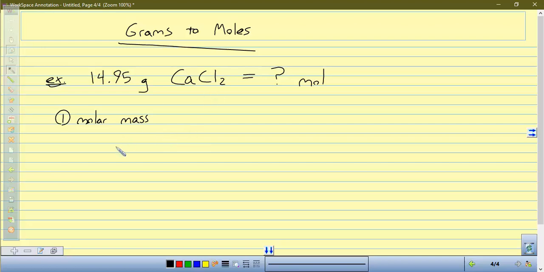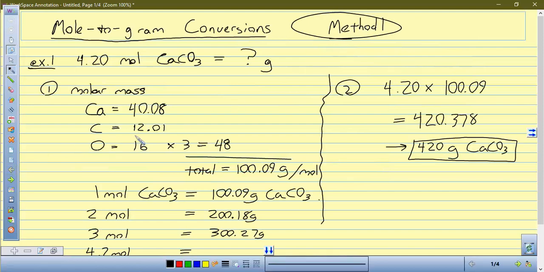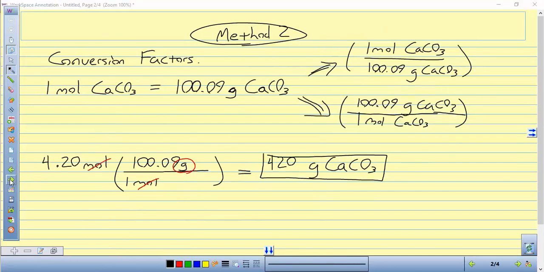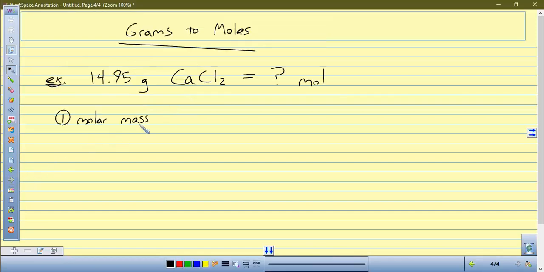And I'm just using my method 1 here. Okay, method 1 was just kind of reason it out. Think it through in your head to figure out what you need to do. So step 1 is I'll get my molar mass. Calcium was 40.08 grams per mole. Chlorine is 35.45. There are 2 of them.